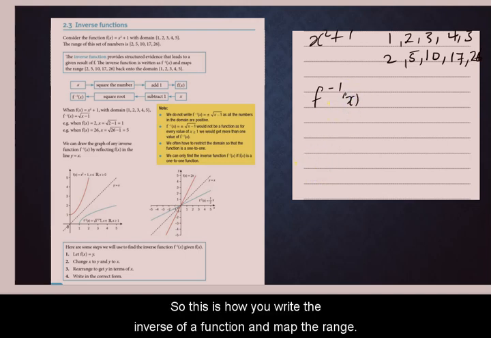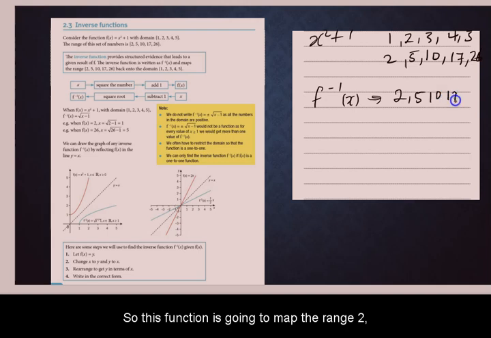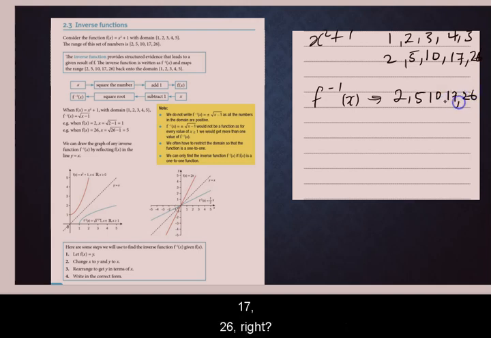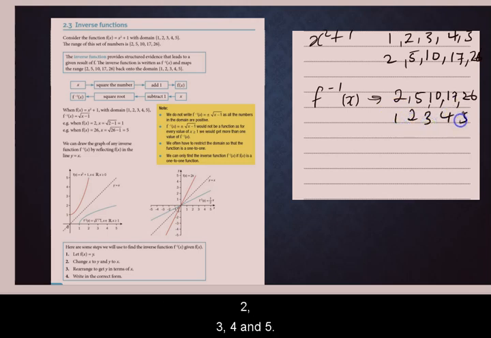So this is how you write the inverse of a function and map the range. This function is going to map the range 2, 5, 10, 17, 26. Right. So it maps that back onto the domain that we have, 1, 2, 3, 4, and 5.